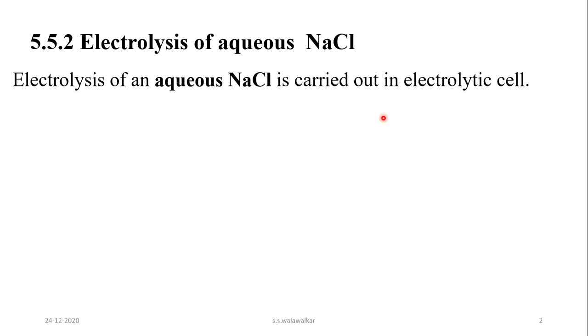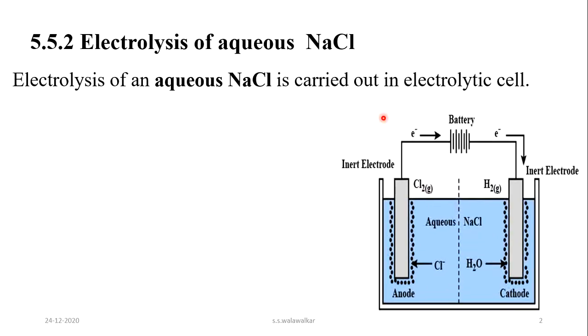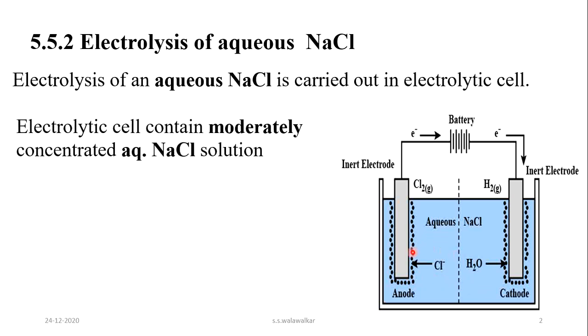It is carried out in an electrolytic cell like this, and this cell contains moderately concentrated aqueous sodium chloride solution. Here the word moderately concentrated is used as the product depends upon the concentration of sodium chloride.